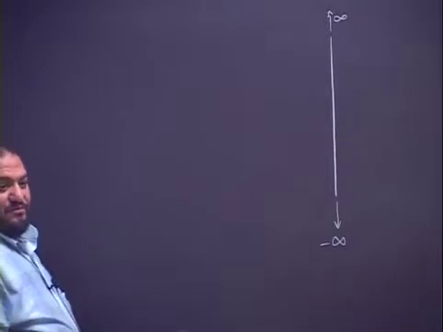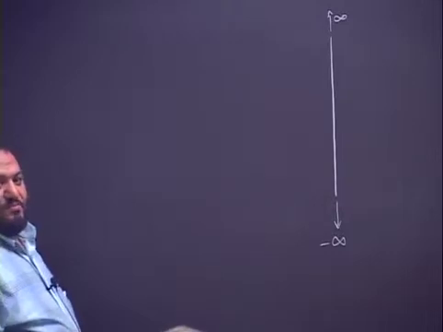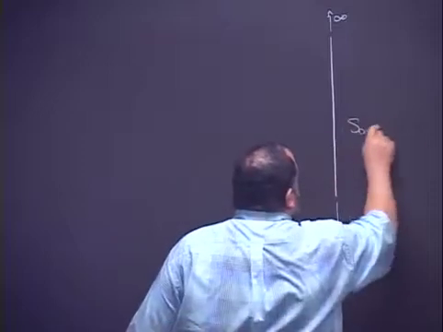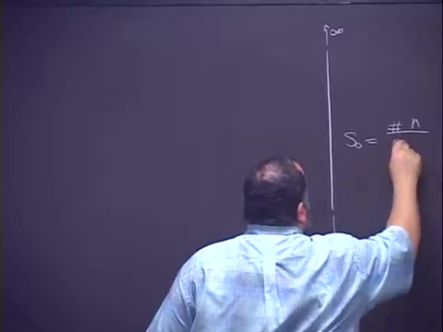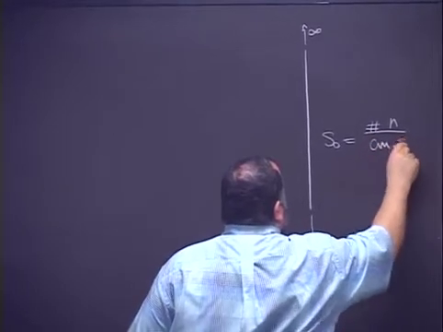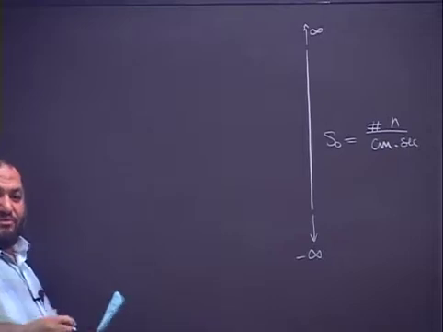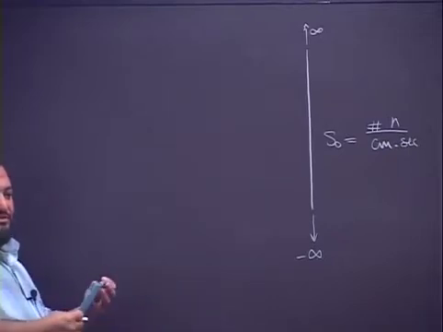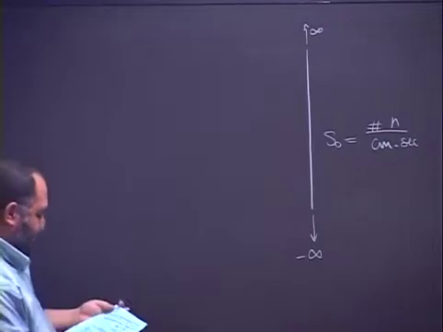What do you think for a line? It will be per unit length, so the source will be the number of neutrons per unit length per second. And for a point source, it will be the number of neutrons per second, because the point does not have any dimension to divide by an area or a length.